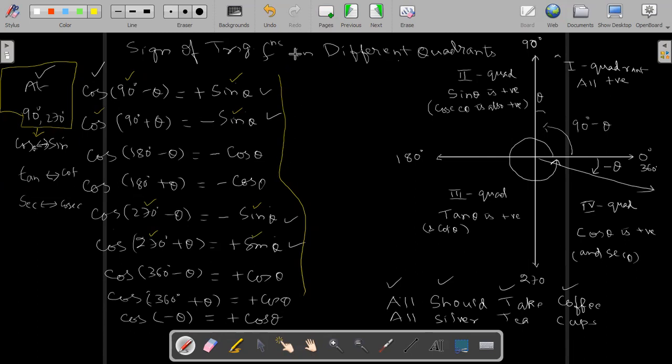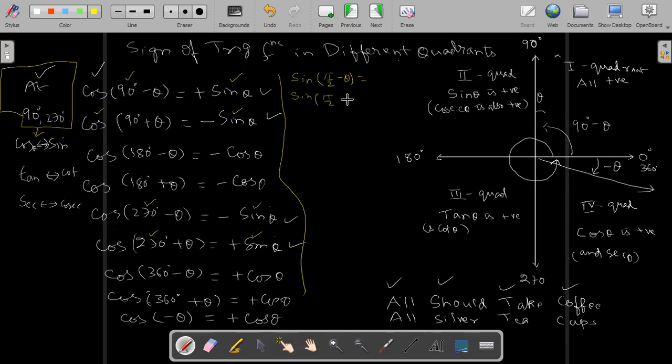Similarly, now I will write these formulas for sine. Sine 90 minus theta. Instead of writing that, we can write in terms of pi. So, sine 90 minus theta, then sine 90 plus theta.